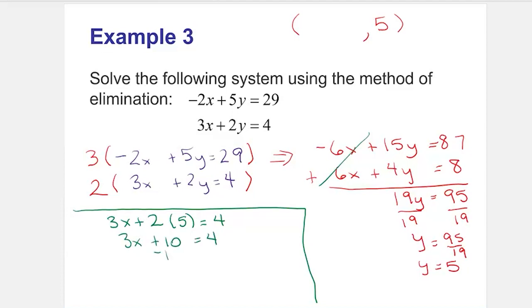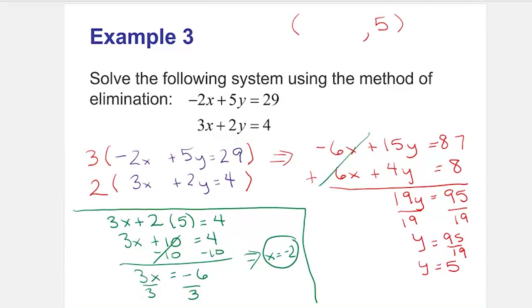I subtract 10 from both sides. I get 3x equals -6, since the 10's cancel. Divide both sides by 3, and I get x equals -2.